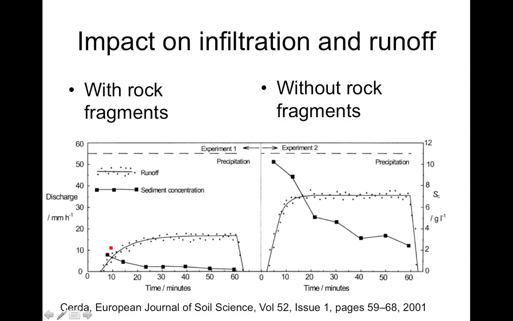So you can see the sediment concentration started off high, right? Initially, because we're losing lots of fine particles. And then throughout the experiment, the sediment concentration decreases, right? Because we've lost all those fine particles. There's armoring going on, self-armoring going on, and there's less particles available for transport.